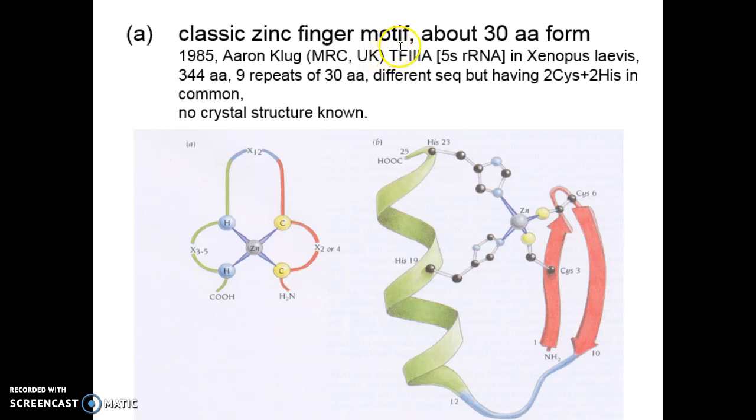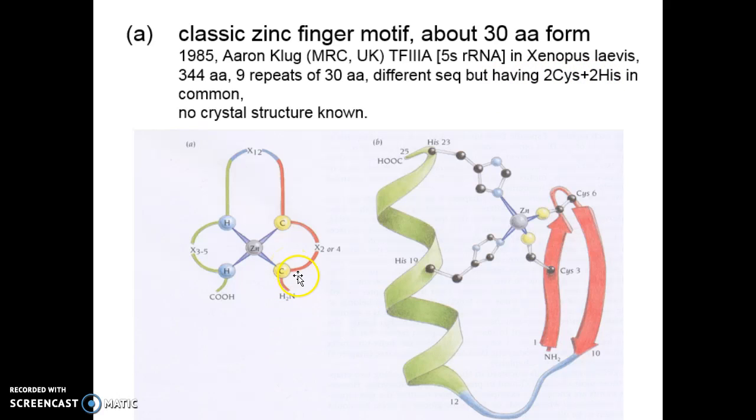This one is present in TFIIIA, which is involved in 5S rRNA transcription in Xenopus laevis. This protein has nine repeats of 30 amino acids, which have zinc. Basically, they are different sequences, but share 2 cysteines and 2 histidines.